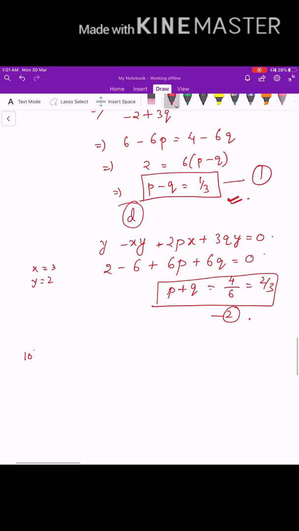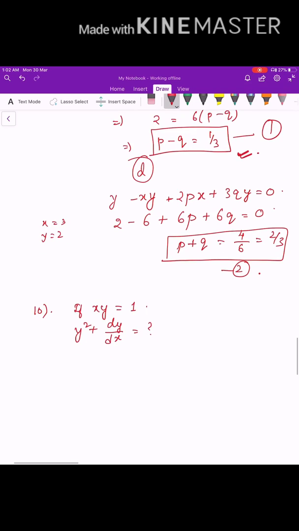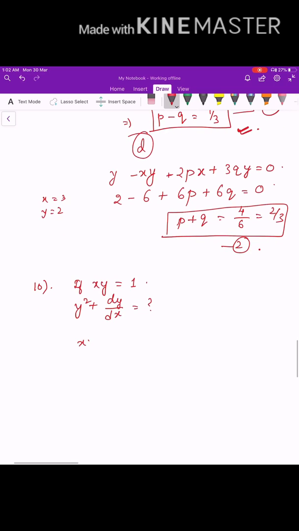Next, question number 10. If xy is equal to 1, then y square plus dy by dx is equal to what? Okay, now what is the given curve? xy is equal to 1.